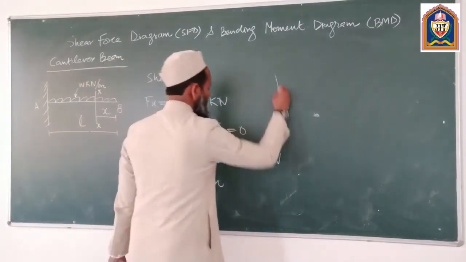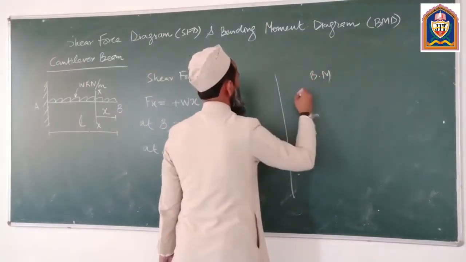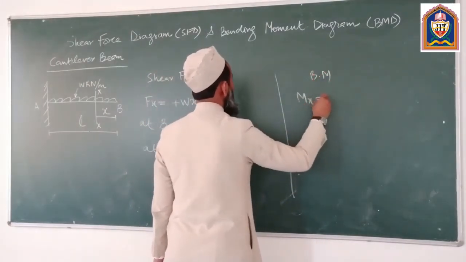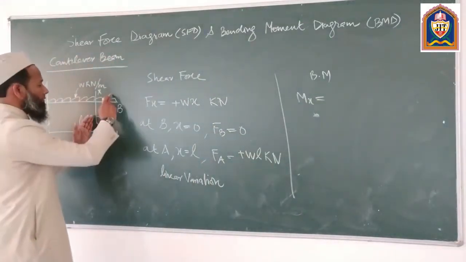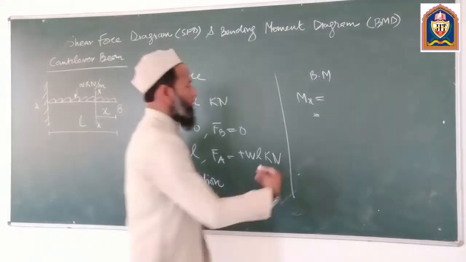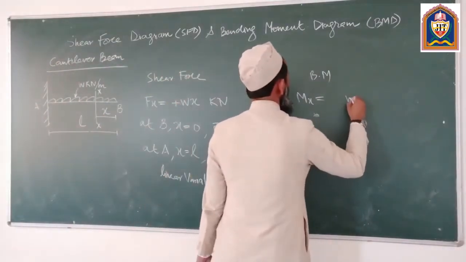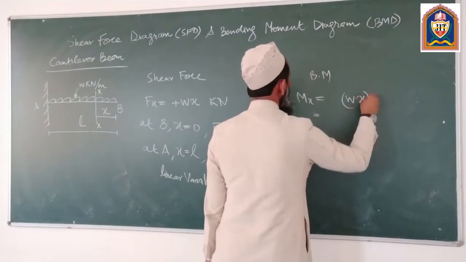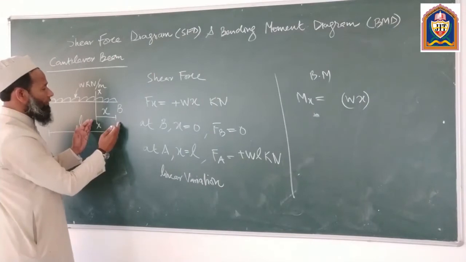Next, we will find out the bending moment. The general equation for the bending moment: the load on the right side is W into x, and this W into x is the total load acting on the right side of the section.